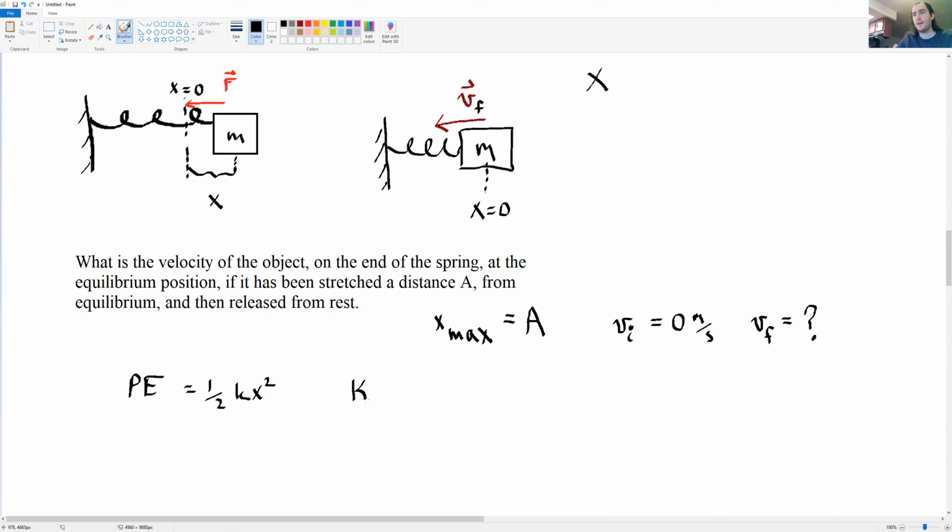What is the kinetic energy? This is the initial potential energy. What is the initial kinetic energy? What is the final potential energy? What is the final kinetic energy?